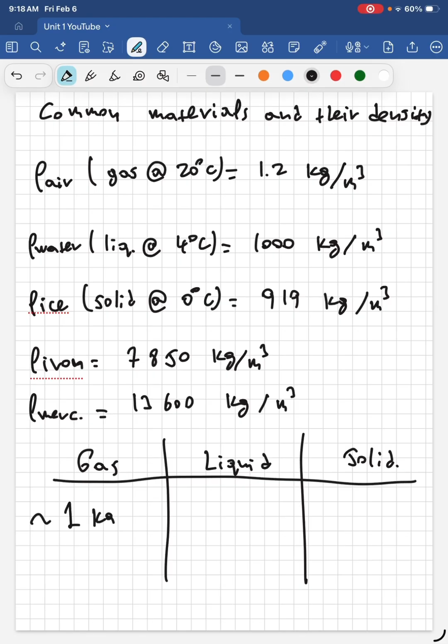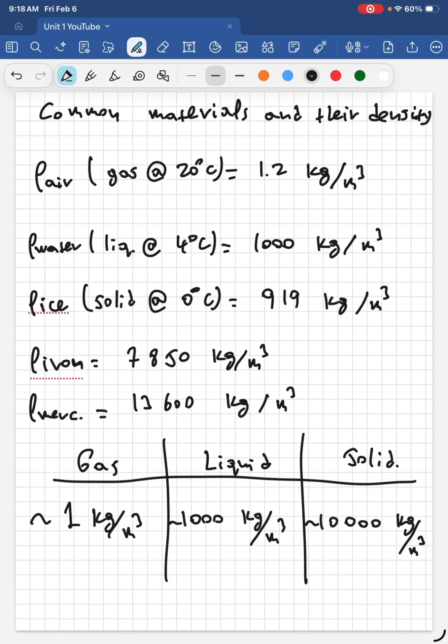So the density of a gas is in general about 1 kilogram per cubic meter. Then that of a liquid is 1,000 kilograms per cubic meter. And then for a solid, it's 10 times that of the liquid. So 10,000 kilograms per cubic meter, okay?